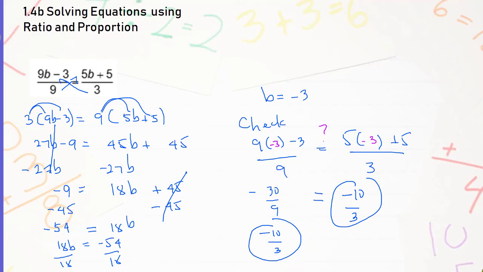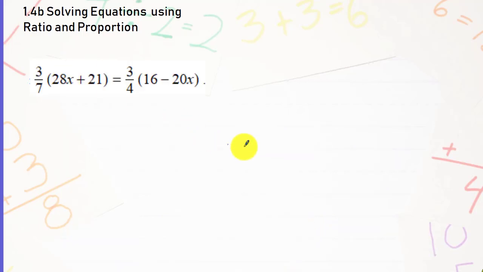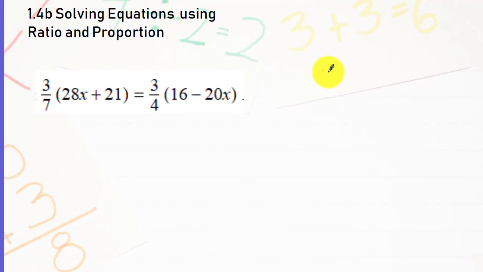Alright, last example. Now, before we solve this problem, note that 2/3 of 6, or 2/3 times 6, can also be written as 2 times 6 divided by 3.